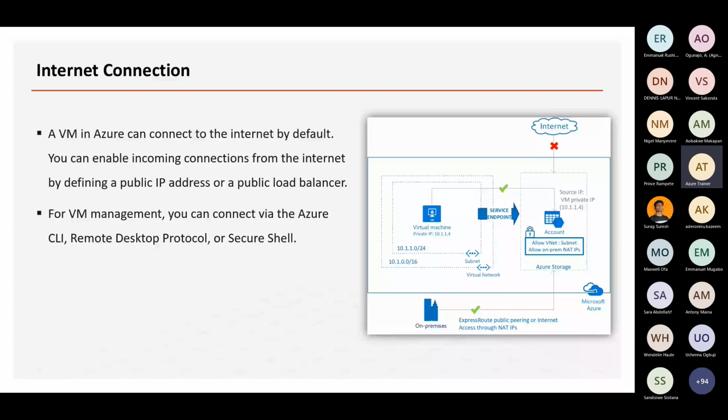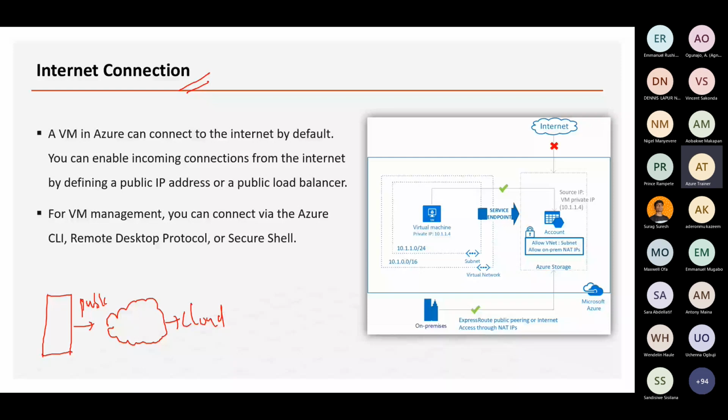The meaning is, if you configure a VM in the cloud, by default all these VMs are configured with a public IP address. So this gives flexibility for a user or a resource to connect to the cloud. By default, all the resources configured in the infrastructure have an option to connect to the internet.